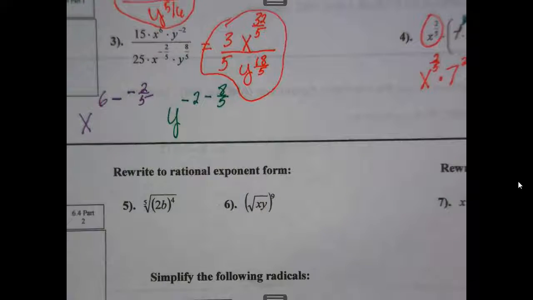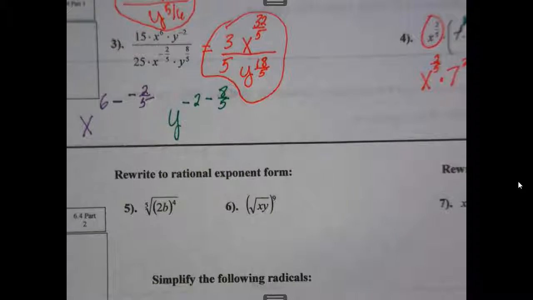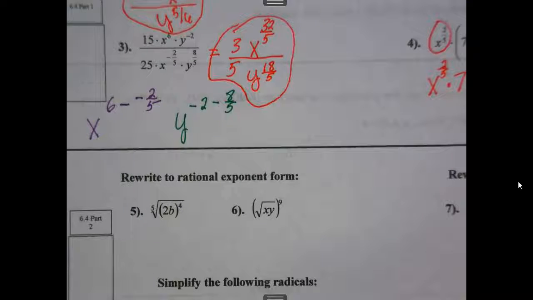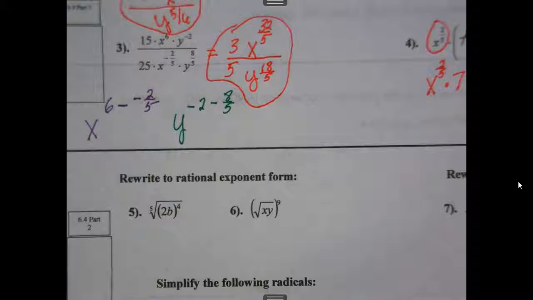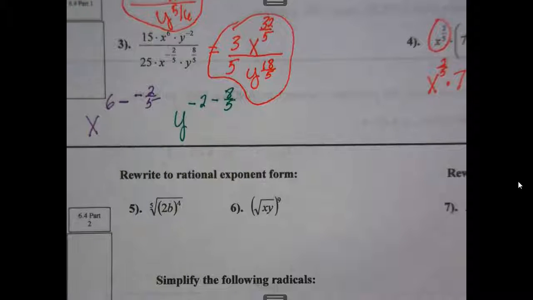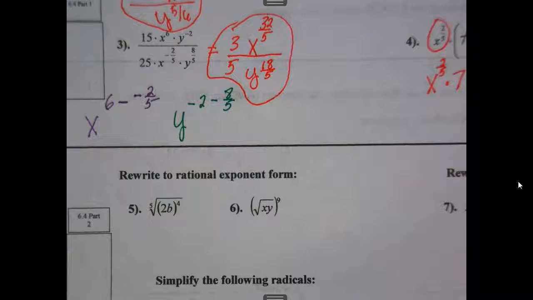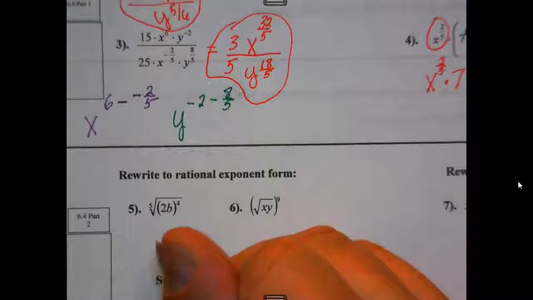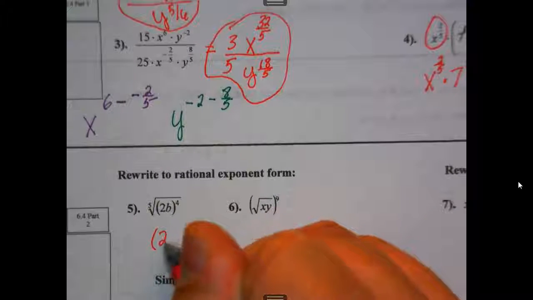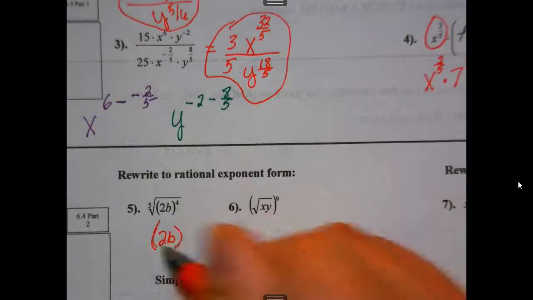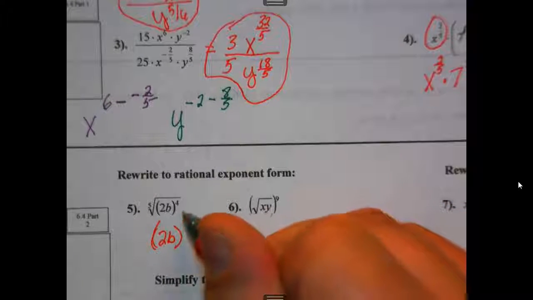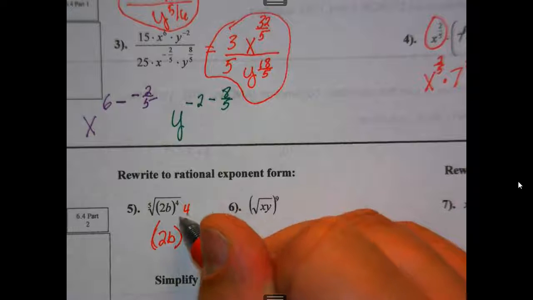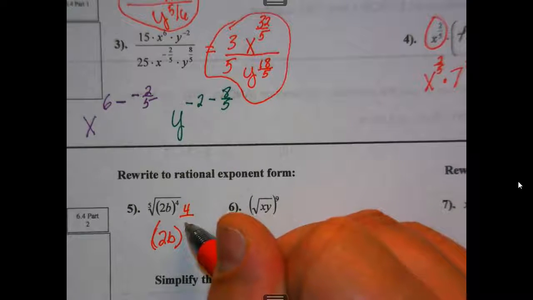Okay, number 5. I am switching back from exponent to radical form, right? Okay, so my base, 2b. My exponent is my numerator. My exponent is 4. My root is 5.